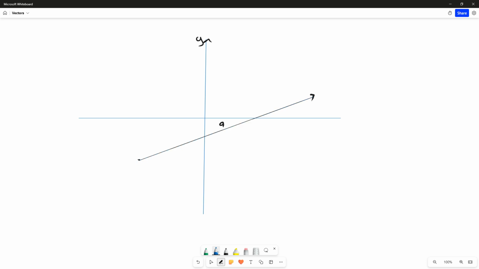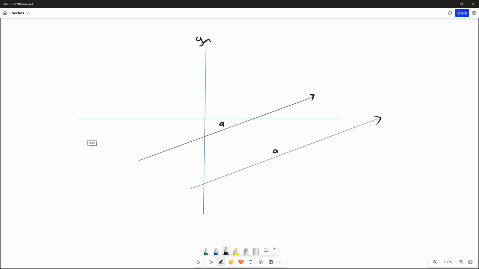Another thing I notice is that if I take this vector and I copy the whole thing and redraw it with the same size but in a different position, it has the same magnitude and the same direction, so it's still vector a. If I draw it over here, it doesn't matter.